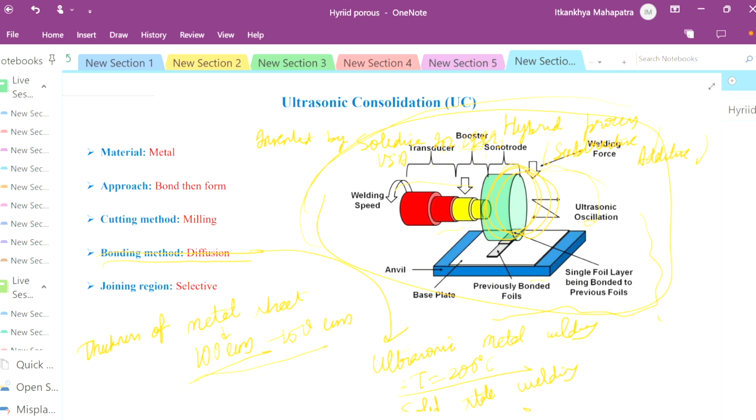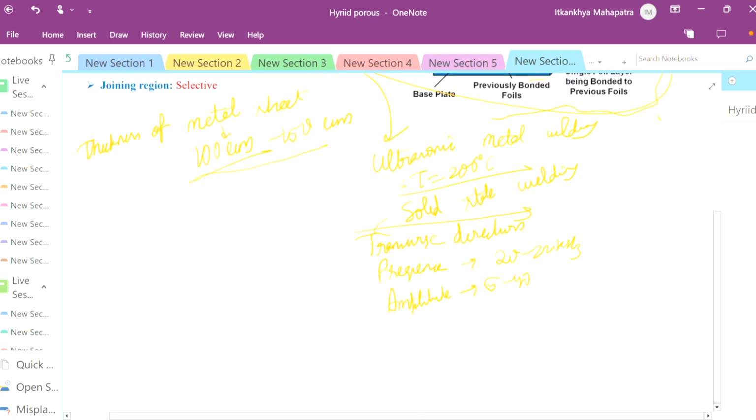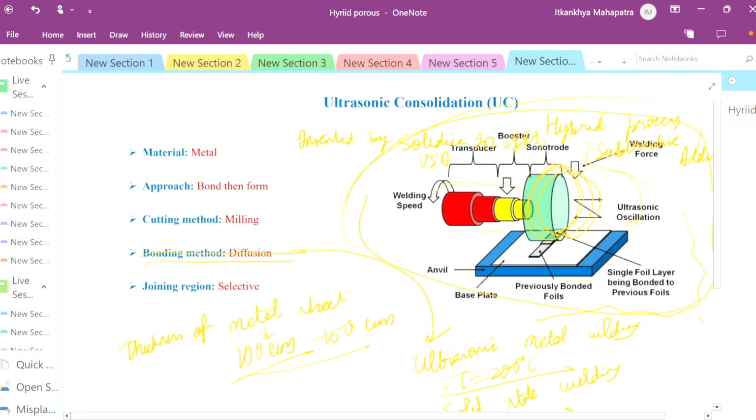The vibration amplitude was approximately around 5 to 40, and the higher the amplitude, the higher the energy density.